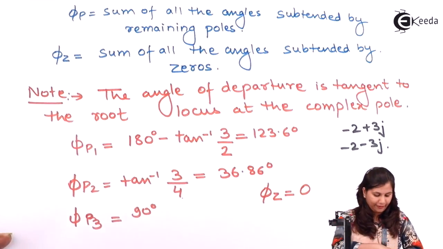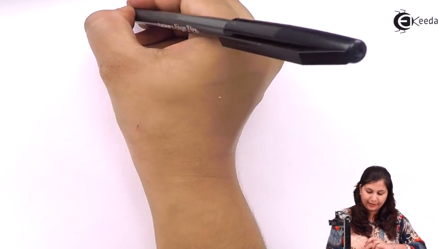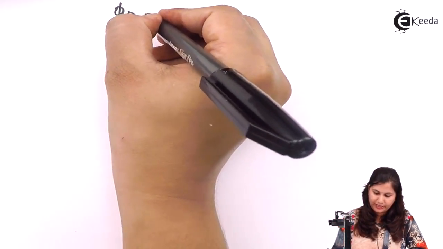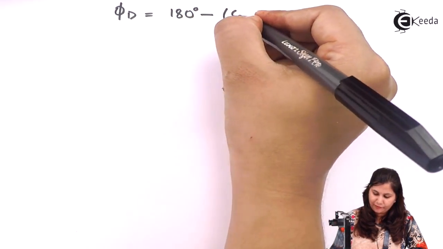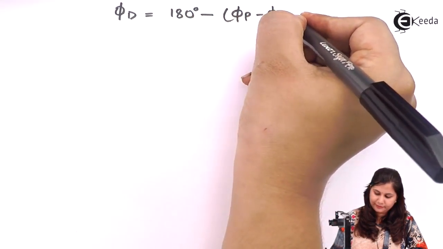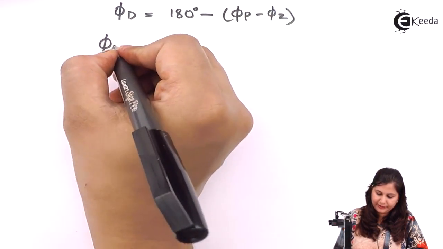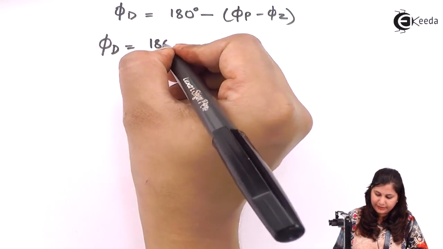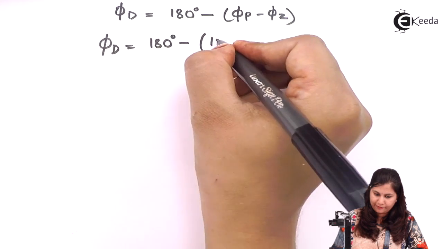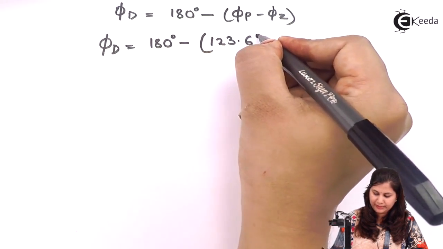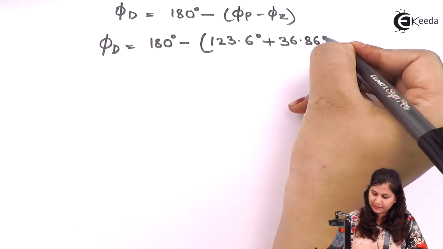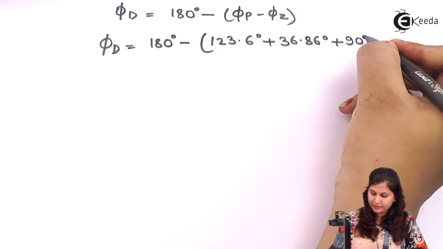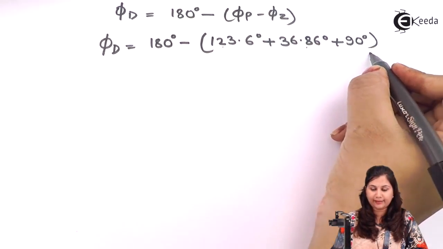So this phi d, that is the angle of departure, will come out to be 180 degrees minus phi p minus phi z. So phi d will be 180 degrees minus, we have the first angle as 123.6 degrees, plus 36.86 degrees, and then 90 degrees. These are the 3 angles.